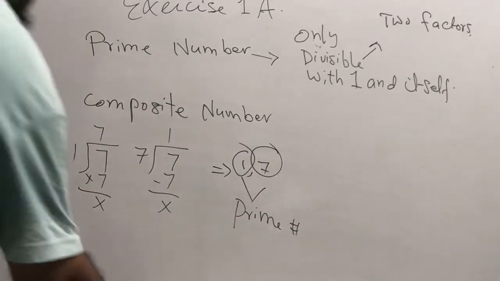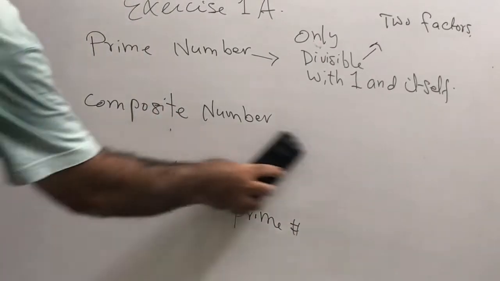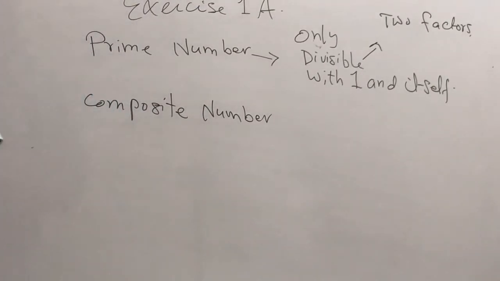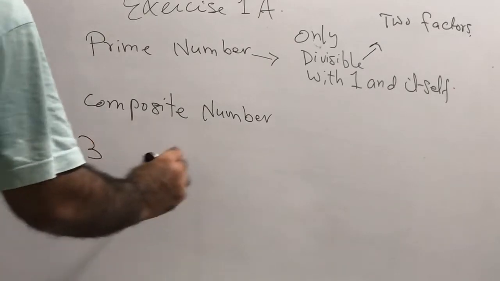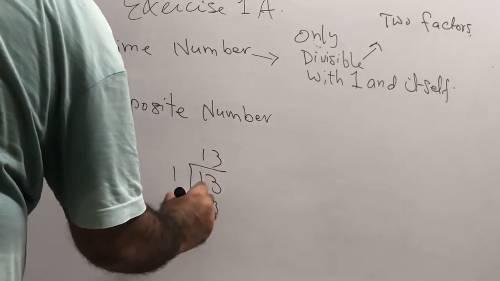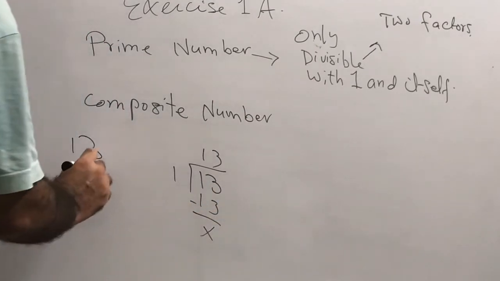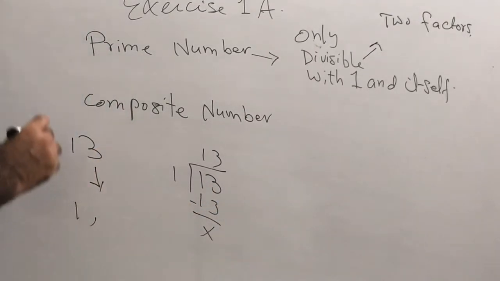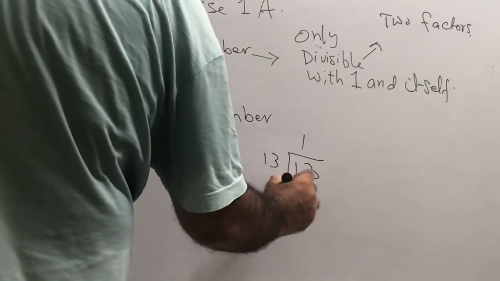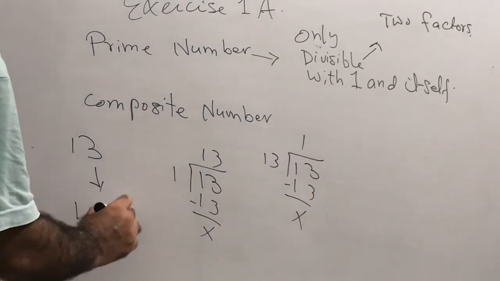If we see 13, it can be divided with 1, 13 ones are 13, and it can be divided by 13, 13 ones are 13.